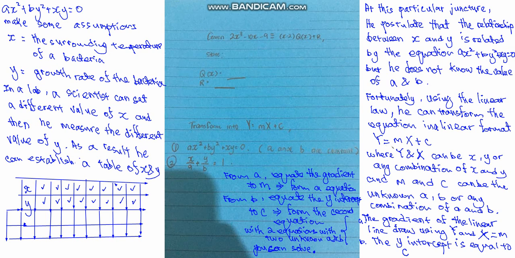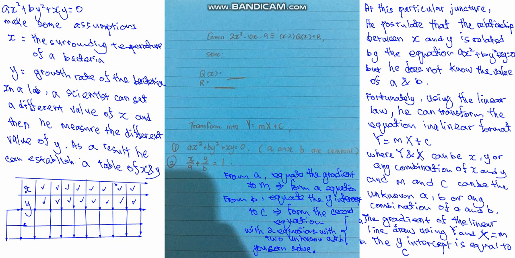So in this linear law, the big Y and big X can be x alone, can be y alone, or any combination of x and y. Can be x plus y, x minus y, x over y, y over x, x squared over y, x over y squared. Can be any combination.